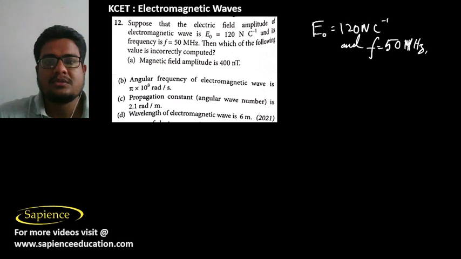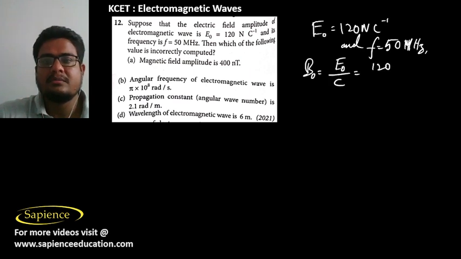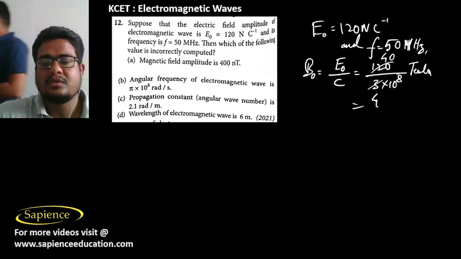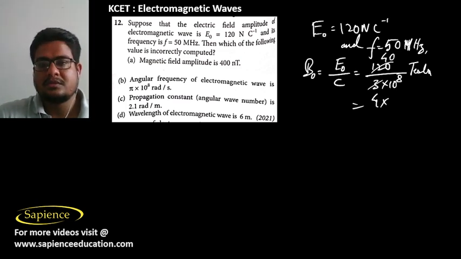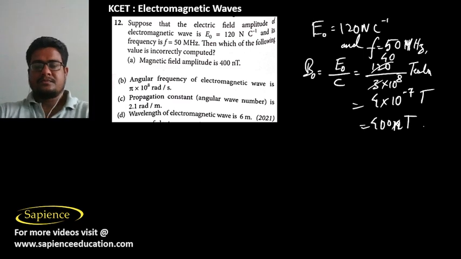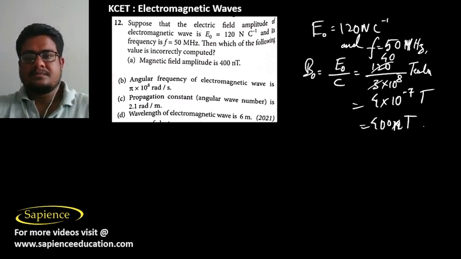Magnetic field amplitude B naught will be E naught by C. So this is 120 by C, that is 3 into 10 power 8. This much Tesla it will come, 4 into 10 power minus 7 Tesla, or I can say 400 into 10 power minus 9, which will be 400 nano Tesla.